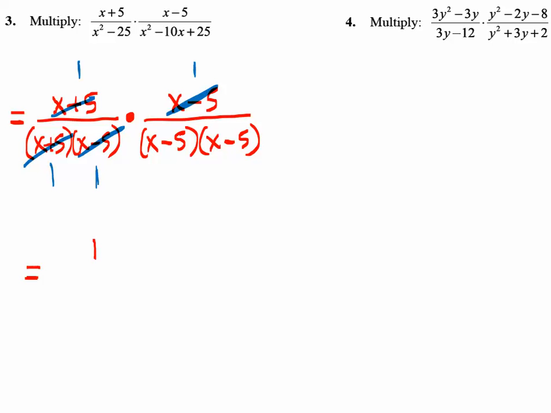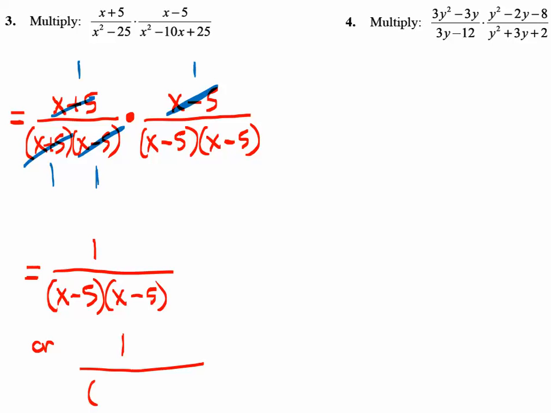Two different ways to write it. Whichever way you like, you can keep them separate if you like, x minus 5 times x minus 5. You can also combine them, and this is the same exact problem. You could say x minus 5 to the 2nd. So you just write it down once, saying there's two of those. Okay, number 4, all yours.